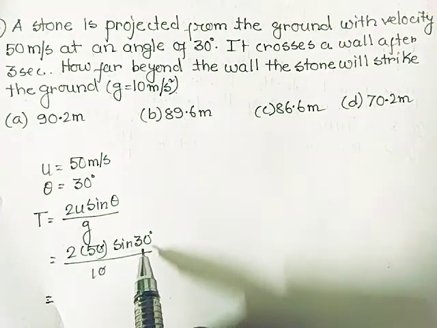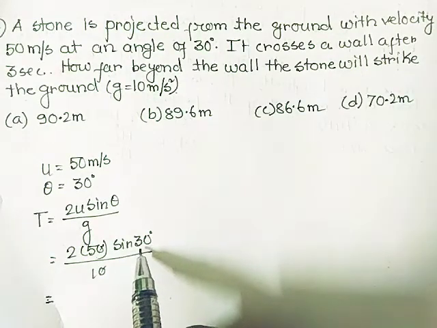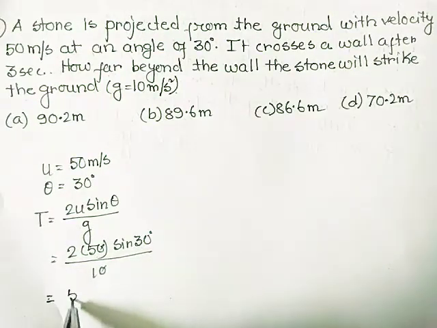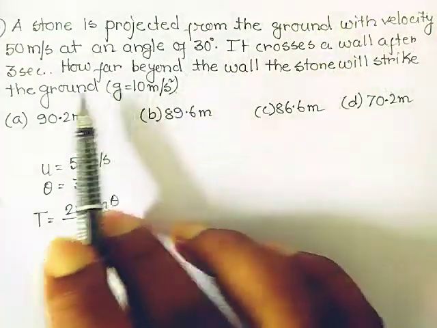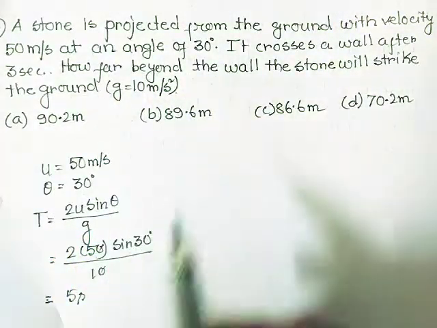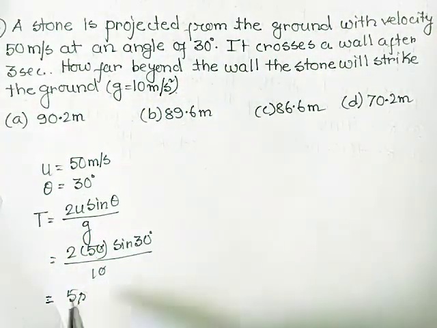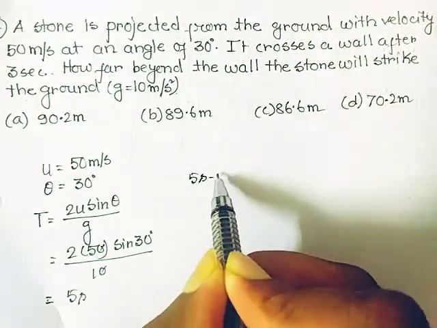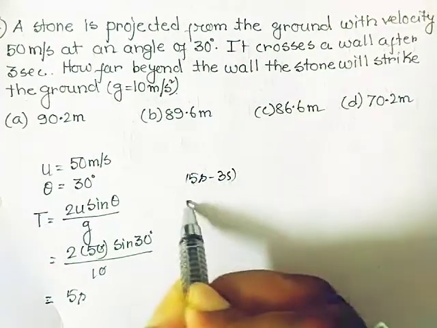Sine 30 degree is 1 by 2, so 2 and 1 by 2 cancel out, so total time is 5 seconds. So it just crosses the wall after 3 seconds. Total time of flight is 5 seconds. So after this it will move for 2 more seconds.